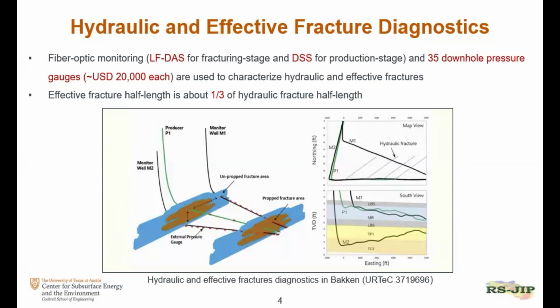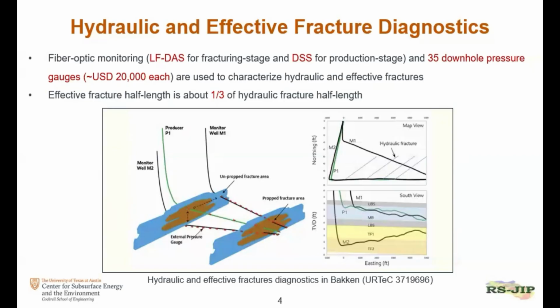And also, there are some hybrid approaches using both the fiber optics and also the pressure gauges. You need to put more than one pressure gauge because you need to measure along the wellbore, both horizontally and vertically. Each pressure gauge is about 20,000 USD, which is quite expensive.